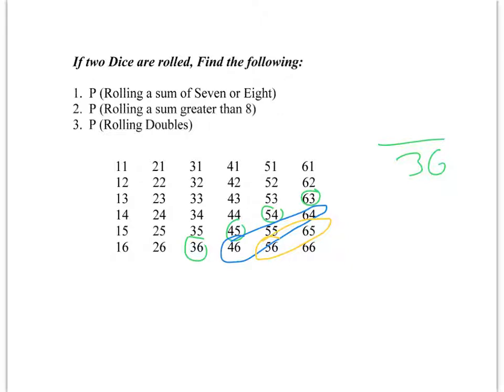And there's only 1 way to roll 12. That's double 6s. So 4 ways to roll a 9, plus 3 ways to roll a 10, 2 ways to roll an 11, 1 way to roll a 12. It looks like I got 10 different ways to roll a sum greater than 8, so 9, 10, 11, or 12. 10 out of 36 can be reduced to 5 out of 18. Make sure you always reduce your probability.